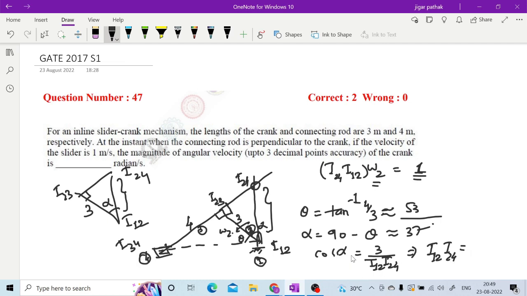Whatever you are getting from 3 upon cos 15 by 4, you can calculate this, and once you calculate this, then you can calculate omega 2, because omega 2 will be 1 upon this distance I12 I24. Sir, I am getting value of omega 0.267, is it correct? Yes, 0.266 is the answer. So 0.266 or 0.267, whatever is the correct answer.